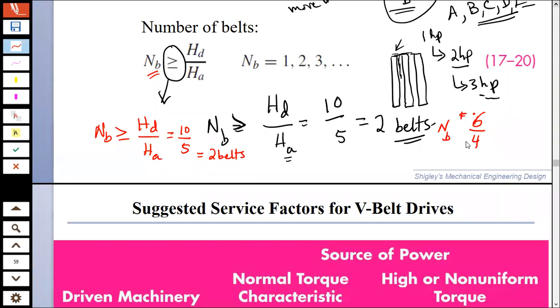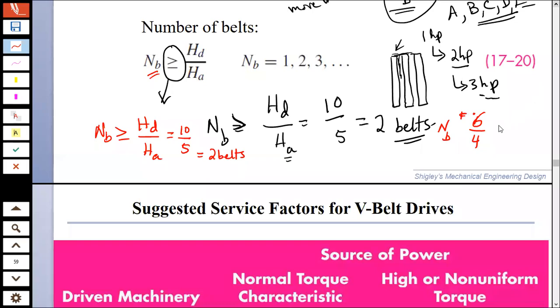What will your NB be equal to? 6 by 4, 3 by 2. It will be equal to 1.5.